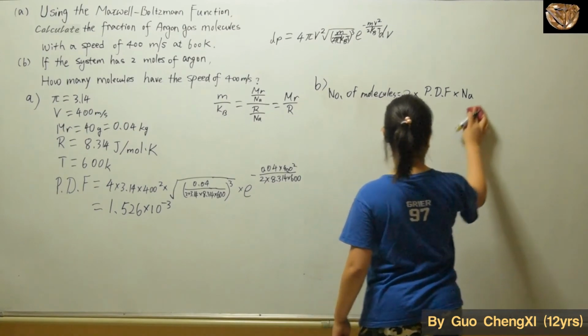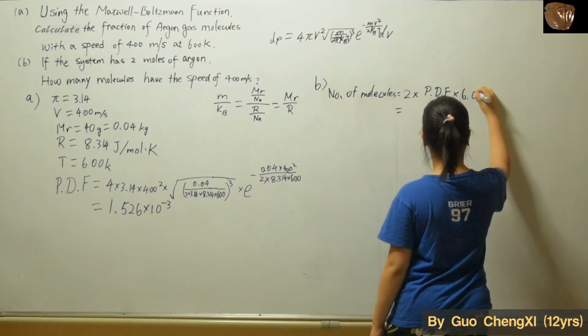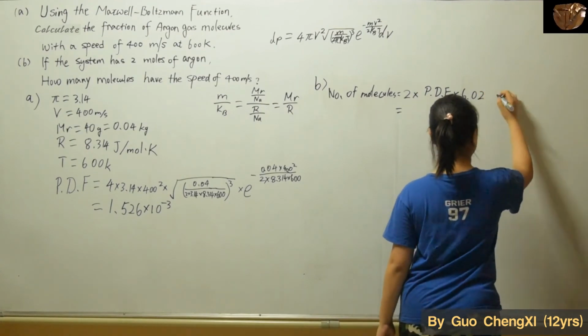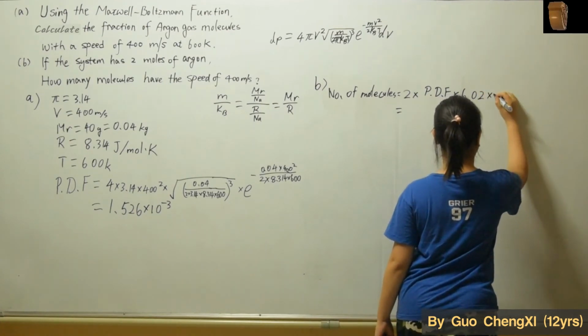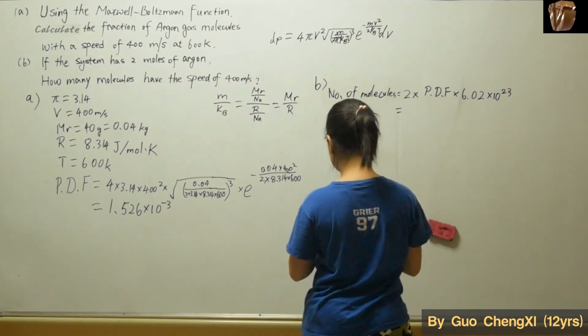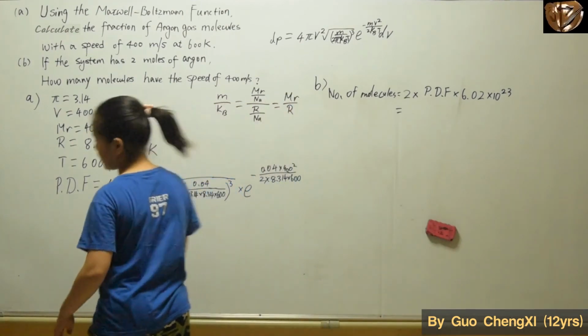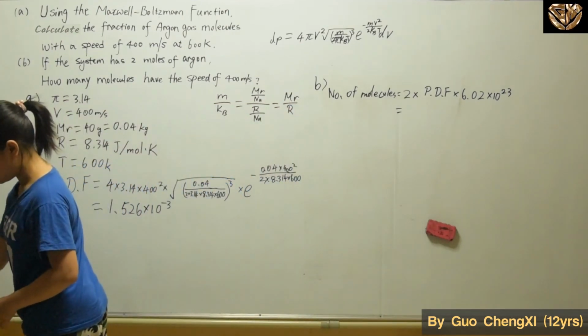Or you can just write it like this. So either way, it's okay. So it is basically just this result times 2 times the Avogadro's number.